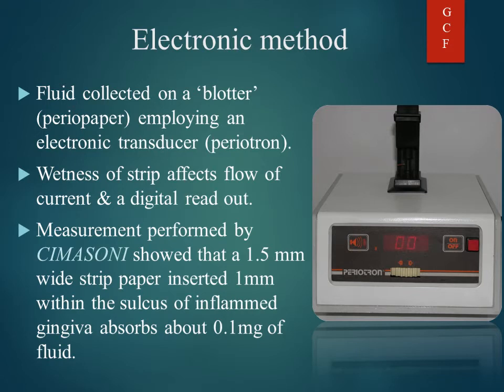And then comes your electronic method. Fluid is collected on a blotter employing an electronic transducer. The wetness of the strip will affect the flow of current. Here a 1.5 mm wide strip is inserted within the sulcus of the inflamed gingiva, and it will absorb 0.1 mg of fluid.